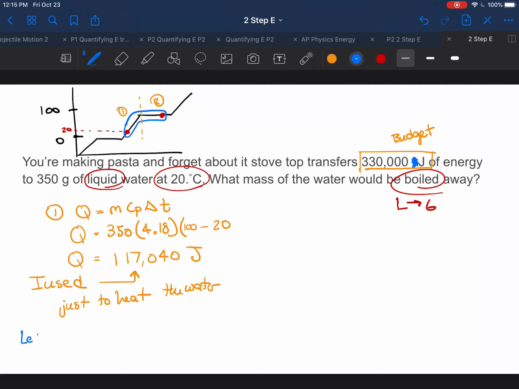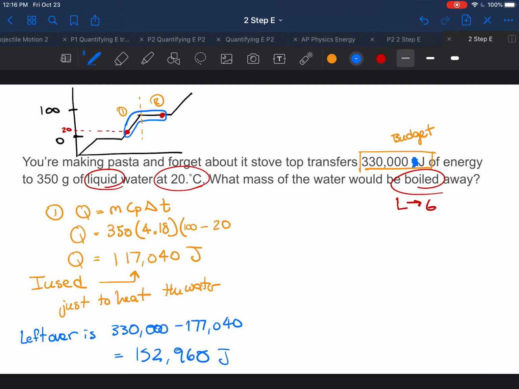I used 117,000 of it, so now what I have left over is 330,000 minus the energy I spent to heat it, which is this here. So I have this much energy left over.